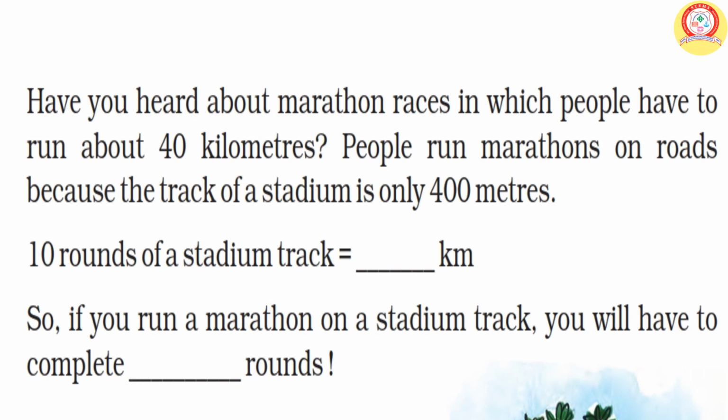So 10 rounds is equal to how much children? 400 into 10, you will get 4000 meter. So now you have to change 4000 meter into kilometer. So 4000 meter is equal to 4 kilometer because 1 kilometer is equal to 1000 meter.